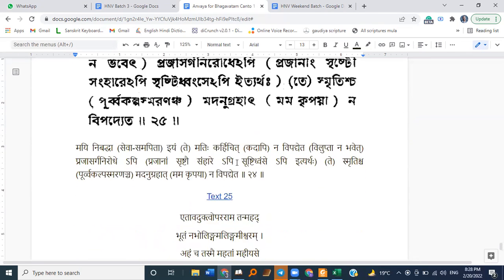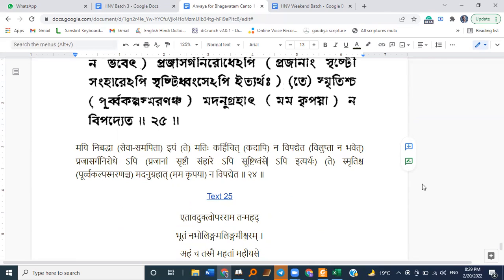Yeah, it's samarpita. Iyam te matihi karhichit kadapi na vipadyeta vilupta na bhavet. Praja sarga nirodhe api prajanam srishtau sanghare api, srishti dhvamse api iti arthaha. Te smritischa purvakalpasmaranam cha madanugrahat na vipadyeta.